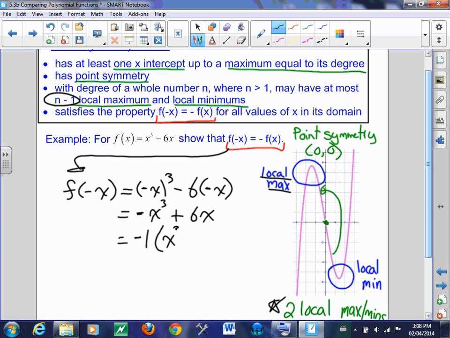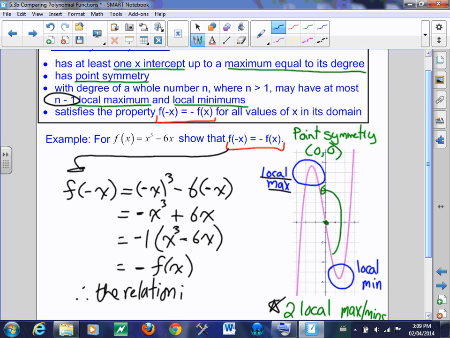So it's going to be x cubed minus 6x. And notice, ladies and gentlemen, that this equals negative f at x, because f at x is your original question. So there's the proof. So therefore, the relation is odd degree because of this characteristic.